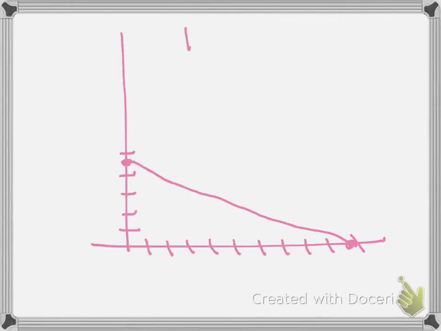Next, it was 11x plus 26y has to be less than or equal to $120. I'm going to pick my test point 0, 0. The line does not go through 0, 0, so I can pick that. If my line was passing through 0, 0, I would need another point.